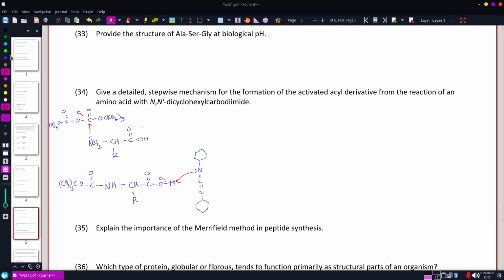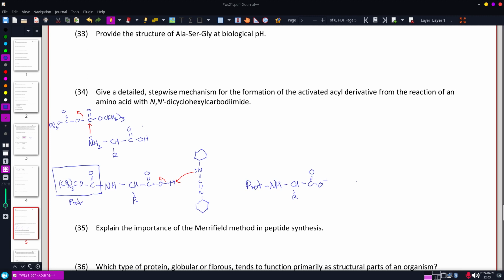Alright, that gives us this protected group attached to the NH. So I'm actually saying this is just the PR, just so I'm not taking up so much room. And then I have the CH and an R and my carboxylate now because I've deprotonated it.